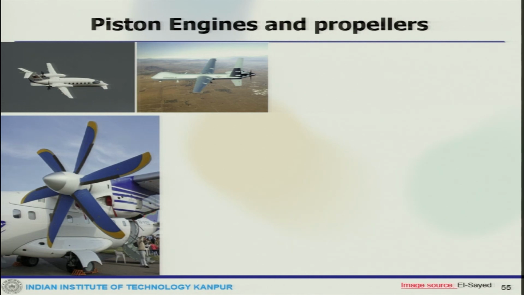So, the number of blades could be 2, 3, 4, 5, 6, 8, so multiples greater than 4, for example an 8 bladed propeller which is shown here.